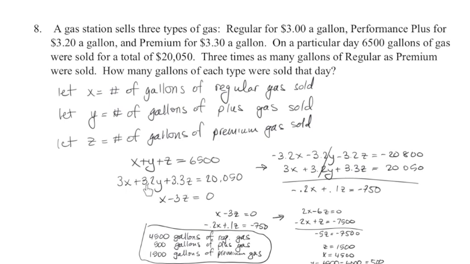So if you add those 3, this is the amount made on regular, this is the amount made on plus, this is the amount made on premium, then that amount is $20,050.